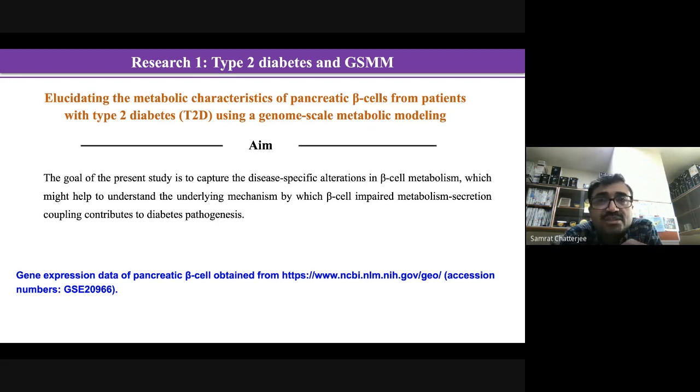What are the metabolic changes that happen in a pancreatic beta cell of a diabetic patient, which is different from a normal patient? The idea is to understand the mechanism, the changes in the pathway, because that will help you find the possible drug targets or therapeutics. So, in doing that, we have taken these samples online.